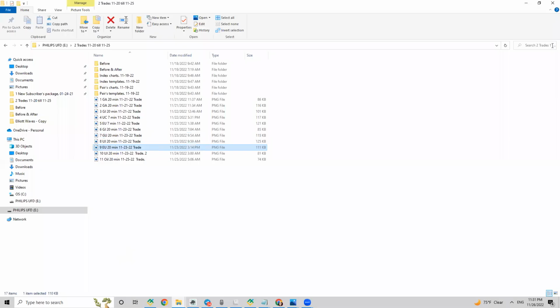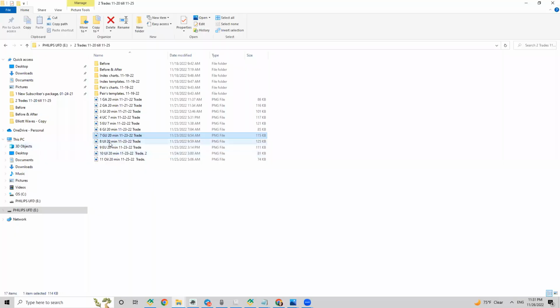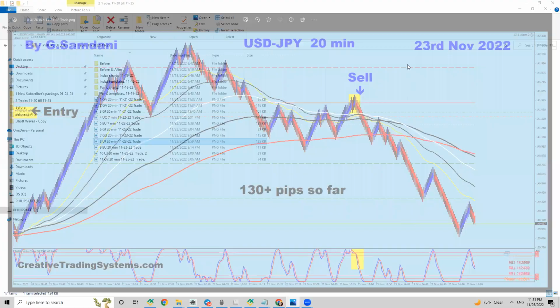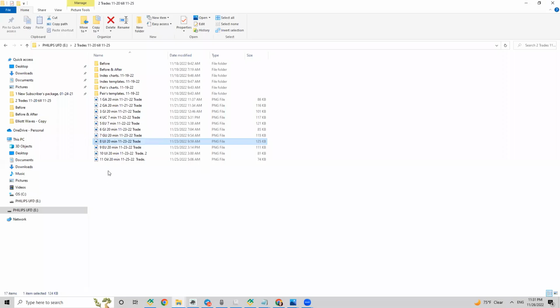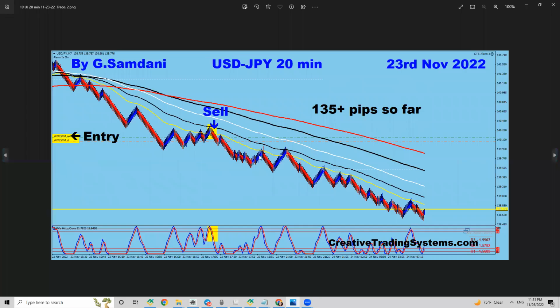Similarly, Pound USD was supposed to go up with the USD weakness, and look, a 140 pip trade. And USD Yen was supposed to go down: USD Yen on the 23rd, and USD Yen on the 24th, 130 pips and 135 pips. So USD Yen went down. USD CAD, I didn't find the short setup, so there's no trade.